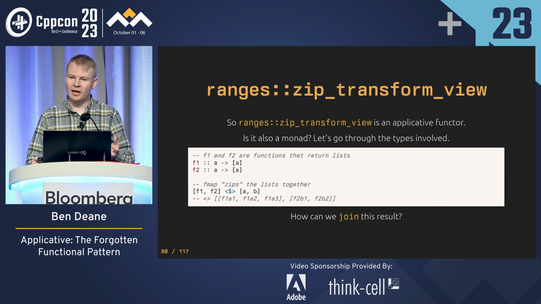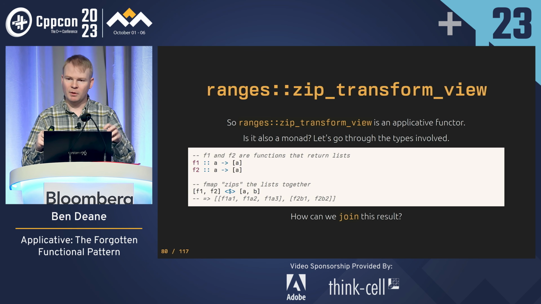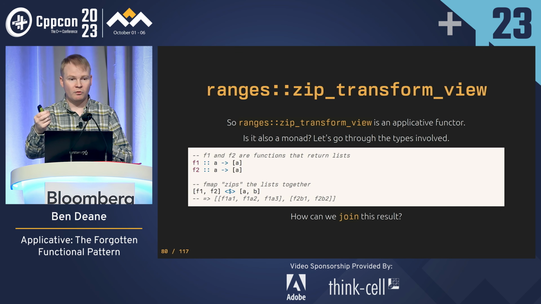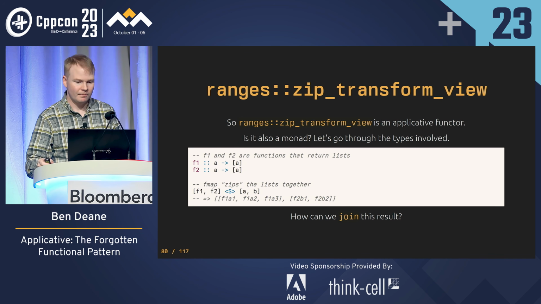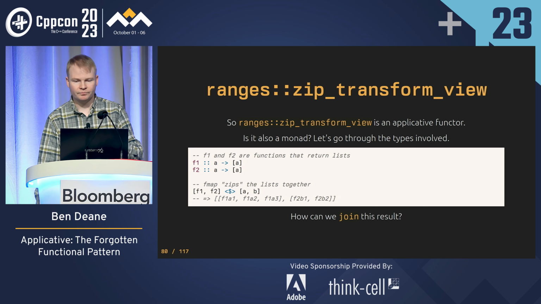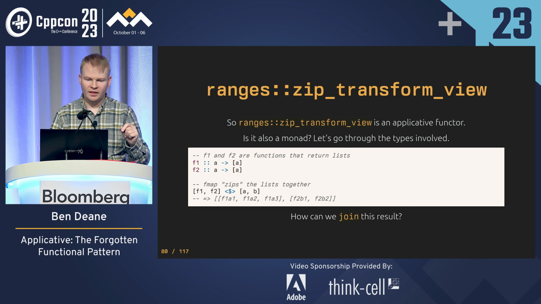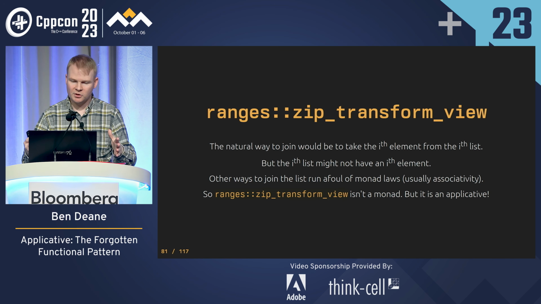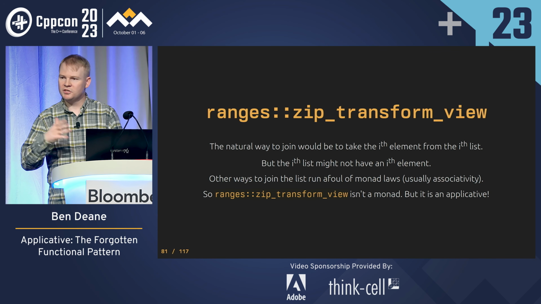Is that also a monad? Because one of the things we have to check here is there might be several formulations of applicative, and there might be several formulations of monad. We need to check that the one we chose also leads to a monad. So if we go through the types, we're going to find that it actually doesn't fulfill the monad laws, which I won't say much about, but usually what we run afoul of is associativity.